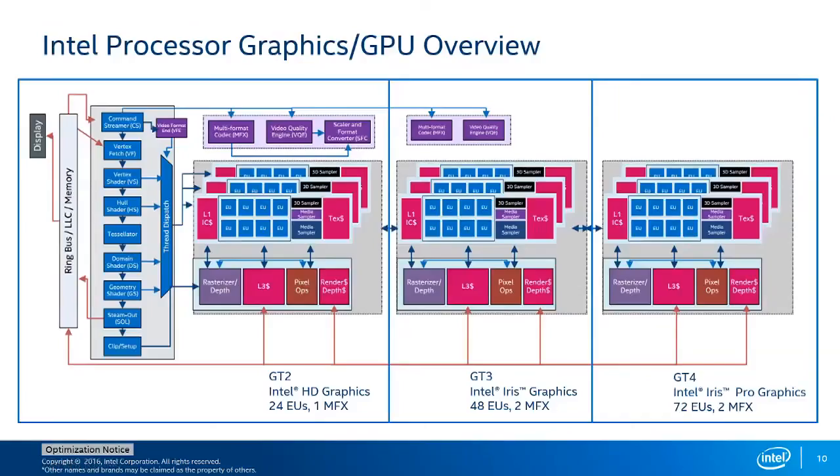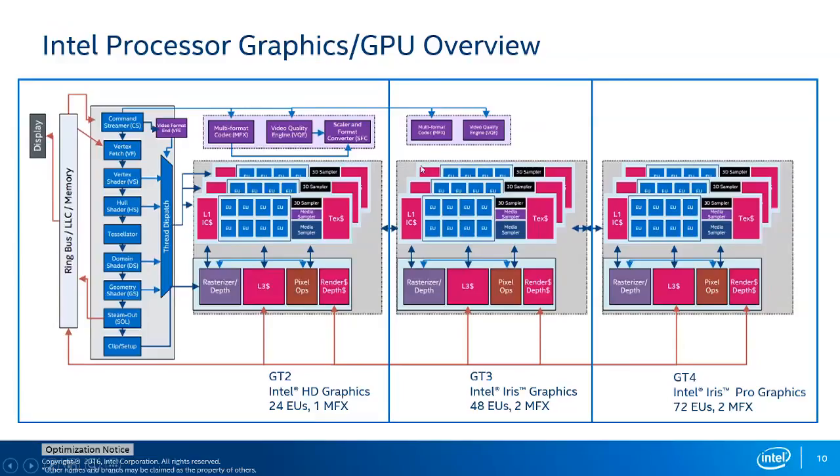So just digging down a little bit deeper into the GT levels, we designed the GPUs like this to provide a scalable design for multiple price and power targets. The slice architecture allows for 1 to 3 of these slices, and so here you can see, as we had in the previous slide, GT2, GT3, GT4.